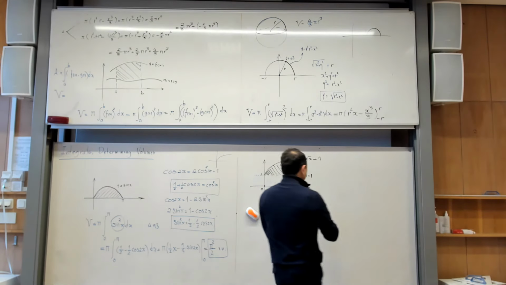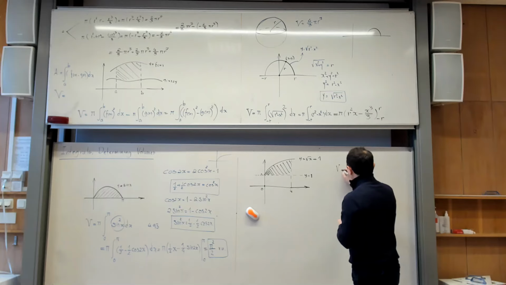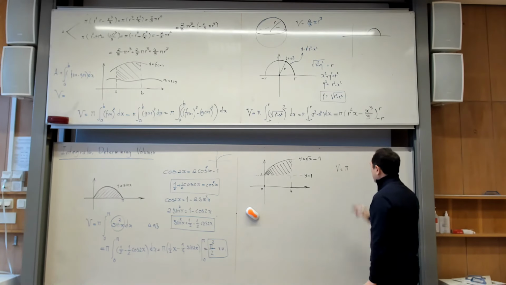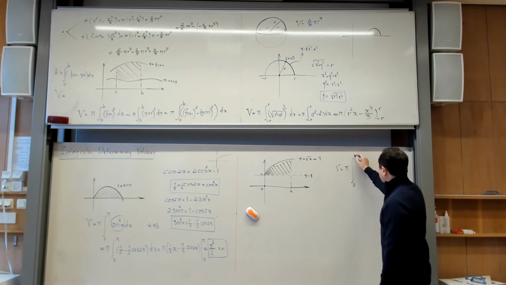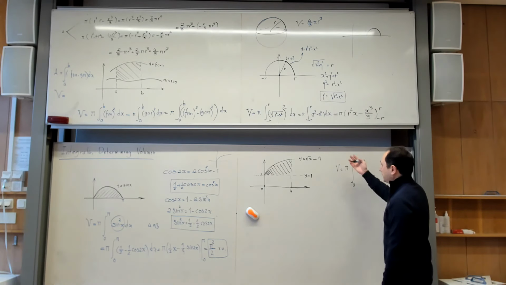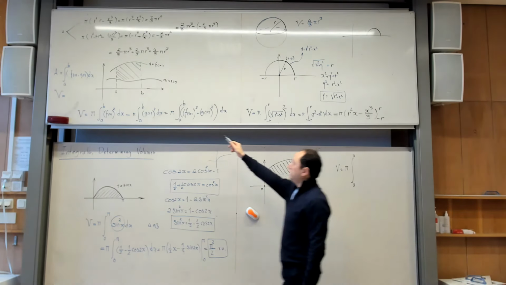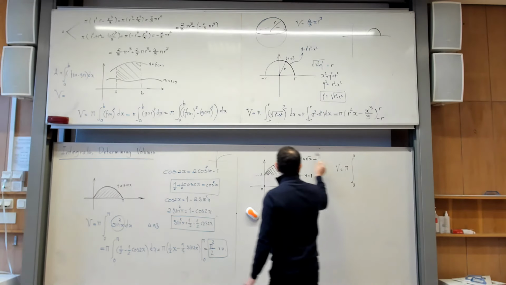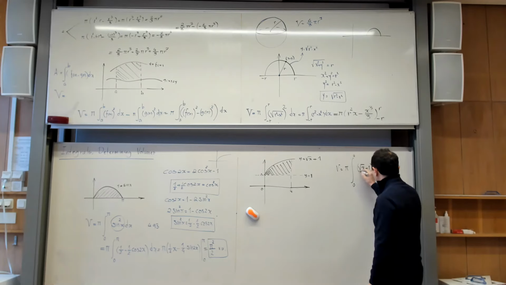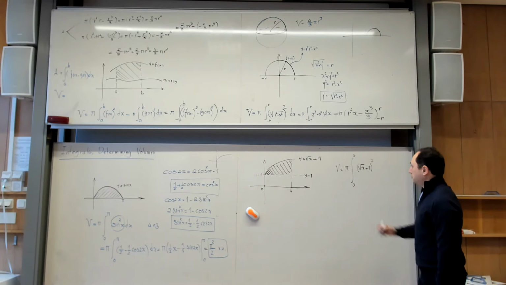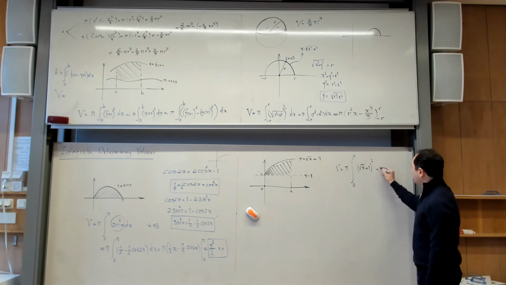So I hope you agree with me that the volume, in this case, is pi integral from 0 to 4, the function above squared. You see, f of x squared. The function above is the square root of x plus 1, squared, minus the function below squared, and then dx.